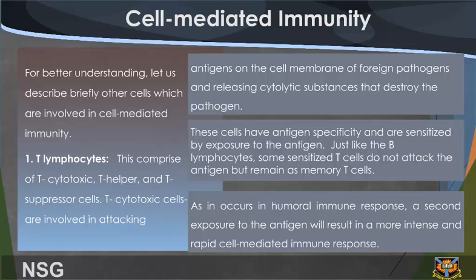Just like the B lymphocytes, some sensitized T cells do not attack the antigen but remain as memory T cells. As it occurs in humoral immune response, a second exposure to the antigen will result in a more intense and rapid cell-mediated immune response.